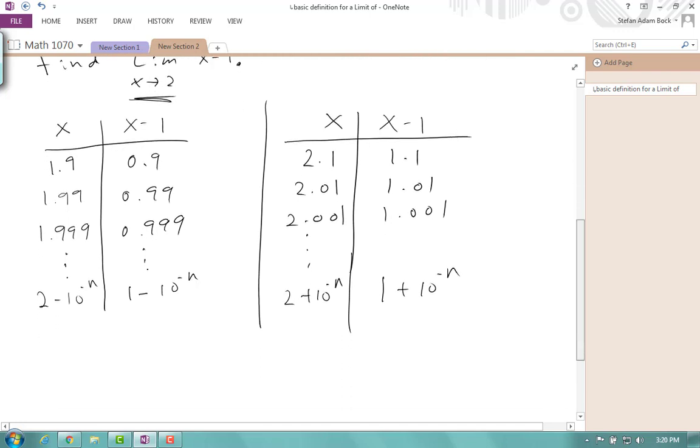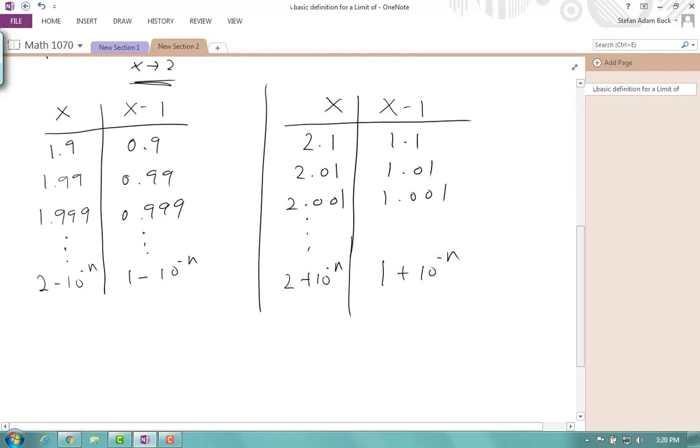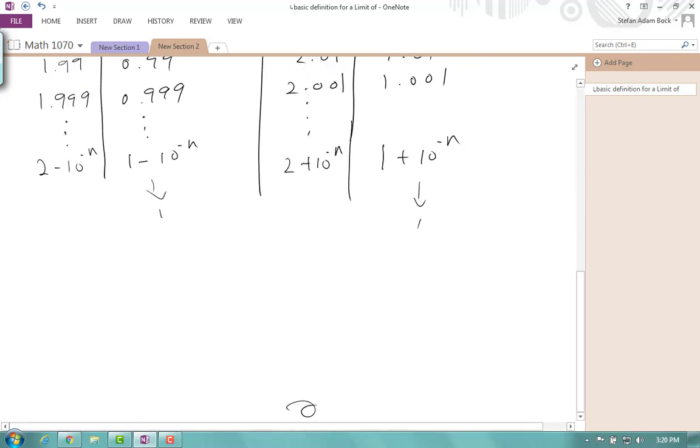You notice this looks very similar to the previous work we did with these sequences, is all of my function values are going to be falling within an interval here between 1 plus 10 to the minus n and 1 minus 10 to the minus n. So we can declare this limit to be the function values are converging to 1. So we'll go ahead and say that this limit is equal to 1.